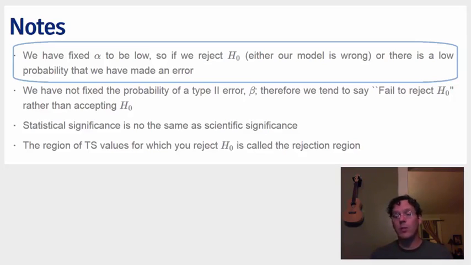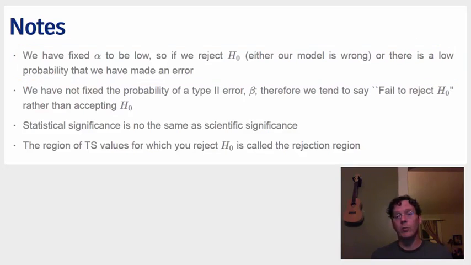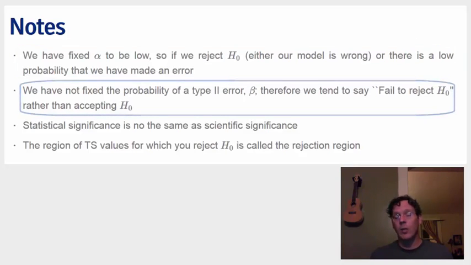So there's some credence to our conclusion if in fact we reject, as there's a low probability of that occurring if the null hypothesis is true. On the other hand, in anything we've done so far, we haven't controlled the type 2 error rate. So it might be large or it might be small. And because of that, we tend to say fail to reject H naught rather than accepting H naught in the event that we don't reject the null hypothesis.